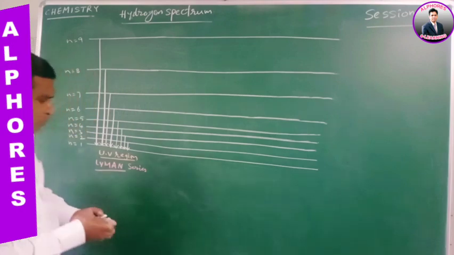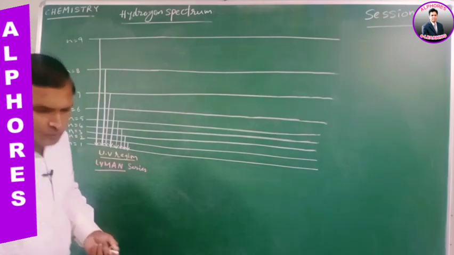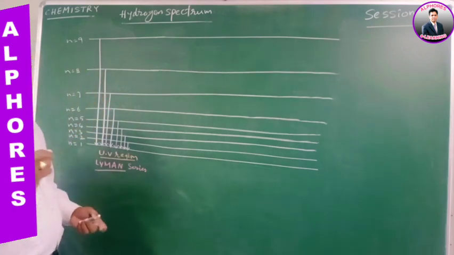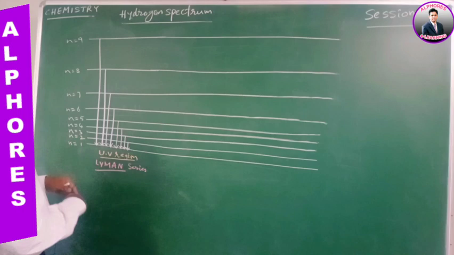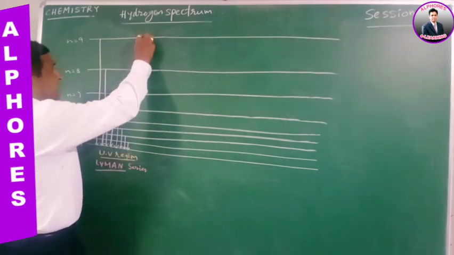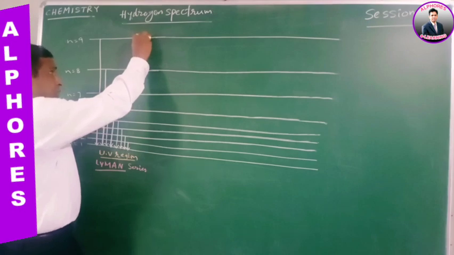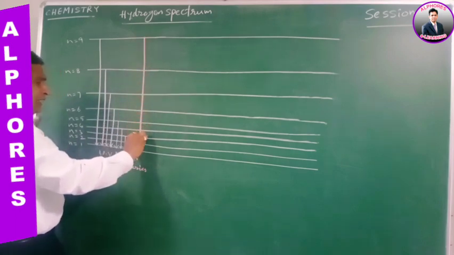Okay, now coming to the next one. Now we are going to describe the Balmer series. When excited electrons, I am taking the excited electron, make a transition from higher energy levels to the second energy level.